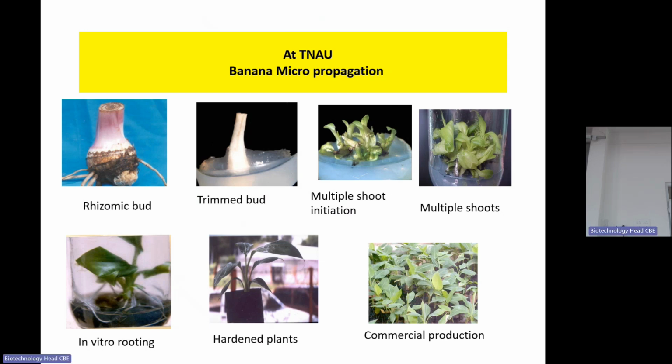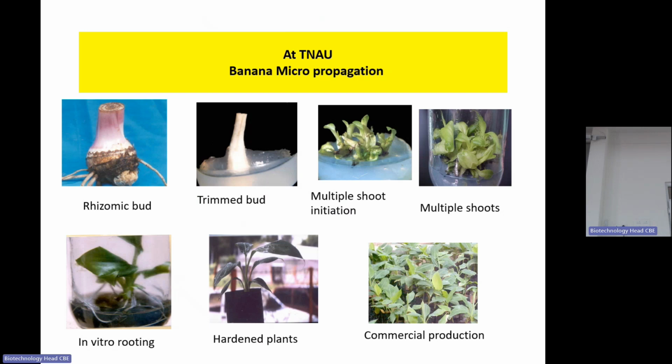So micropropagation is for producing a large number of plants, right? So when you put one shoot, you get many shoots here. So how will you get many shoots? From the buds you need to get.